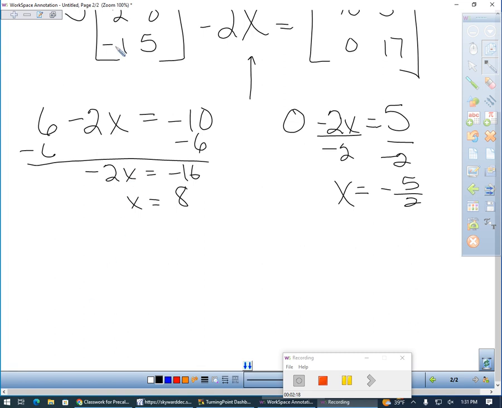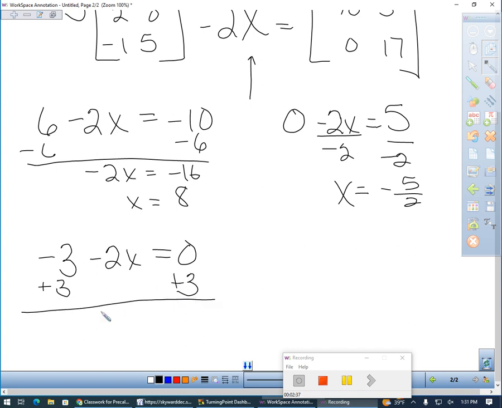So then here we have 3 times negative 1, which is negative 3, minus 2x equals 0. I'm going to go ahead and add 3 to the other side. So negative 2x equals 3. Divide by negative 2. And we get x equals negative 3 halves.